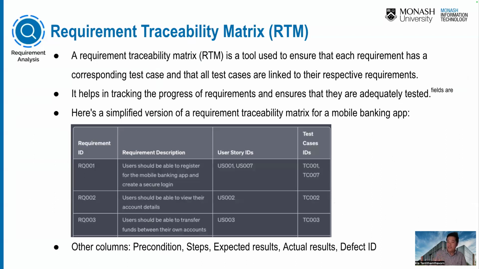And how can we ensure that every requirement, every user story is well tested, right? So that's why we need to create the requirement traceability matrix, as well as a mapping table, nothing more than that. It's just a tool to ensure that each requirement has corresponding test cases, right? We have the requirement ID here. This is a requirement description. We have the user story IDs that are mapped to each of the requirements.